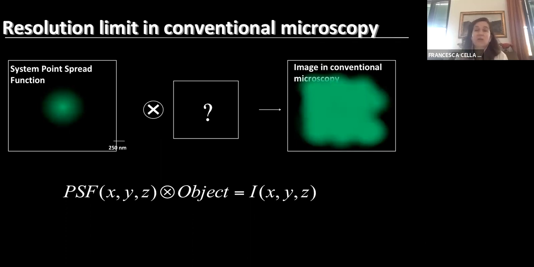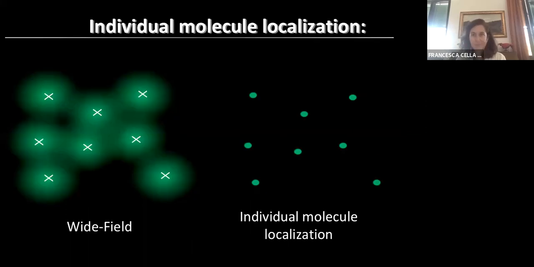So we are still using a microscope, a wide field microscope, for example. So we have a point spread function of the sample, of the lens and the system, and we are going to image an unknown sample. But what about if we don't image all the molecules together, but we can separate them in time? So the idea is that we switch on only a few molecules. So here you can see a few molecules that are far from each other.